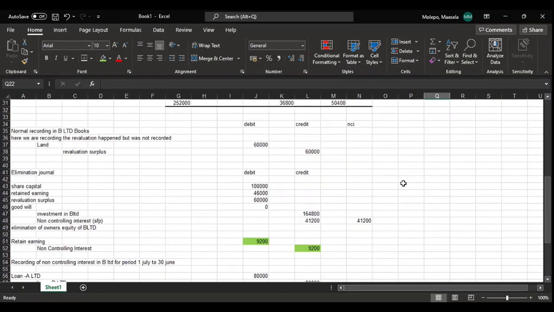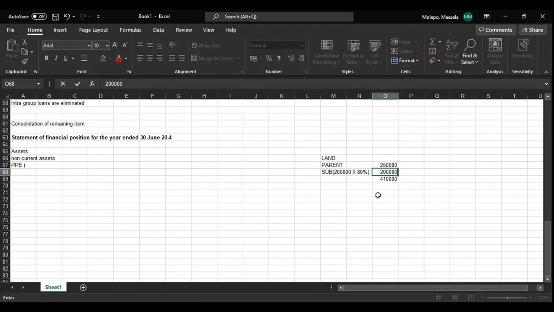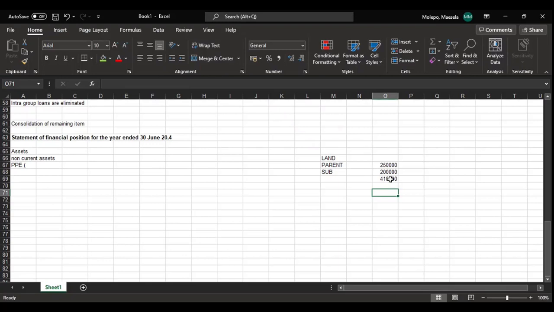Okay. So now I get it. The one for the subsidiary will be straight at 200,000 because the elimination done was taken away. So the 200 and the other will be 450. Sir, so we won't take 140 into account for B Ltd.